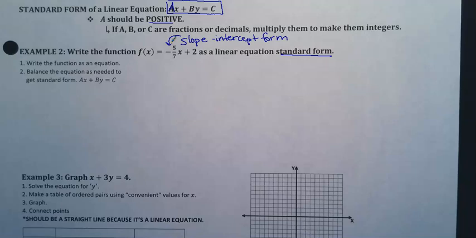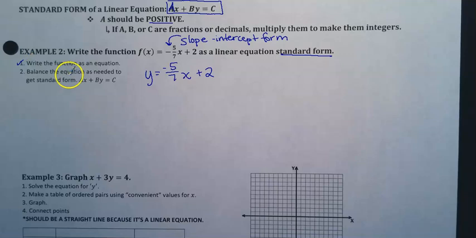So the first thing we're going to do is write the function as an equation. Instead of f of x, I'm going to replace that with y. So y equals negative 5/7 x plus 2. That's step 1.